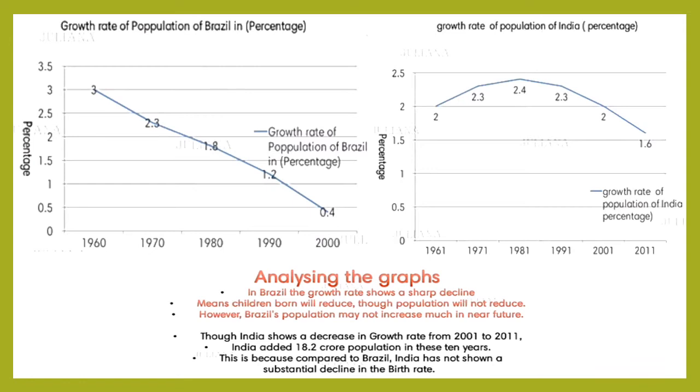But till 1991, India added huge population. And therefore what we noticed till 1991 is that India had a huge population explosion. Now, because of the government's effort, the government took initiative to check that population growth rate does not increase. So therefore, from then growth rate has been declining.